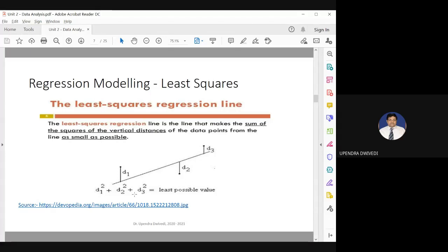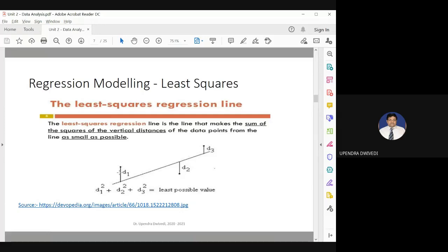Now we'll discuss the least square. I have taken this image from this website. A least square regression line is a line that makes the sum of the squares of the vertical distances of the data points from this line as small as possible.